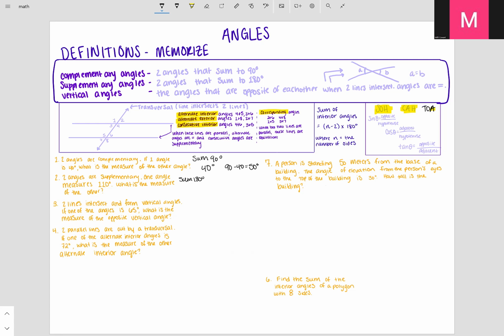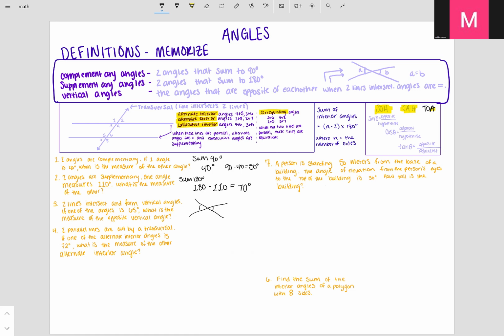One angle measures 110 degrees. What is the measure of the other? We have 180 minus 110 equals 70 degrees.